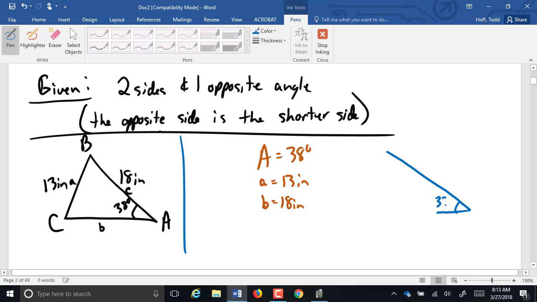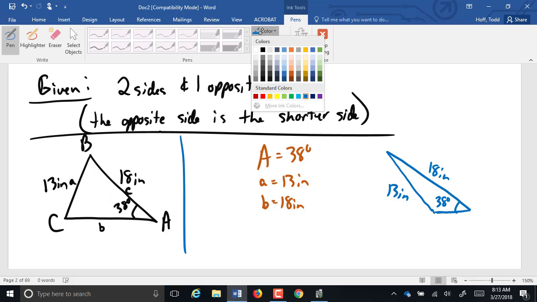This would still be 38 degrees. This would still be 18 inches. And this would still be 13 inches. See the issue there? I could fold this side in like that and I still make a triangle.